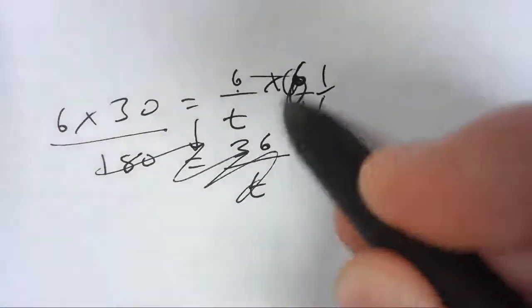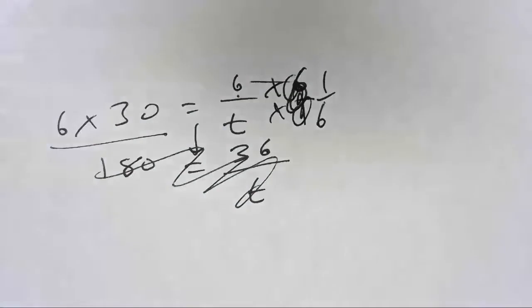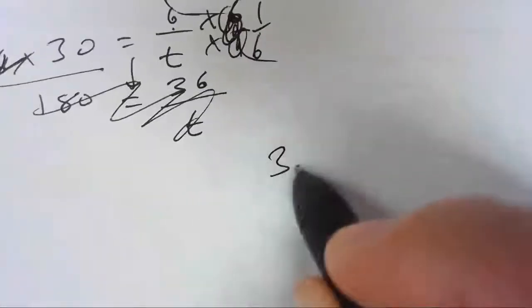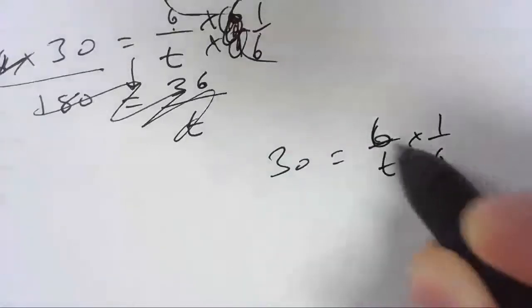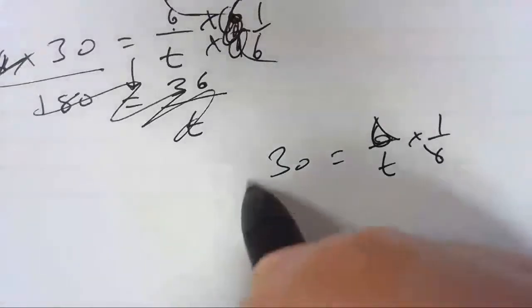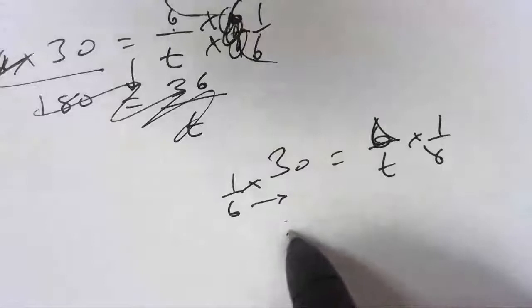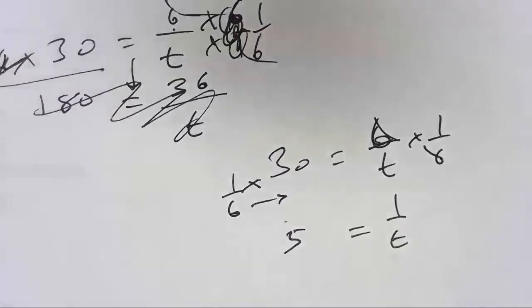That means we're multiplying by 1/6, and it cancels there. Let me rewrite this. 30 equals 6 over t, and we're going to multiply by 1/6. The 6's cancel here, and the 6 goes under here. We get 30 divided by 6, which is 5 on this side. We're still left with 1 over t over here.